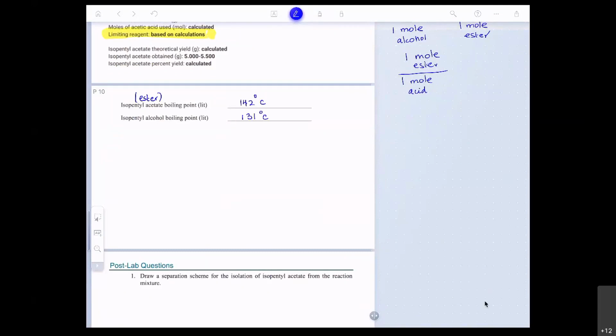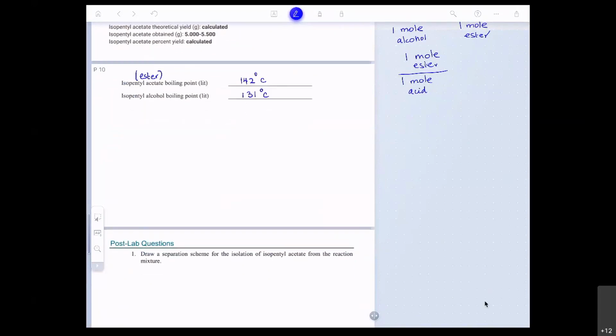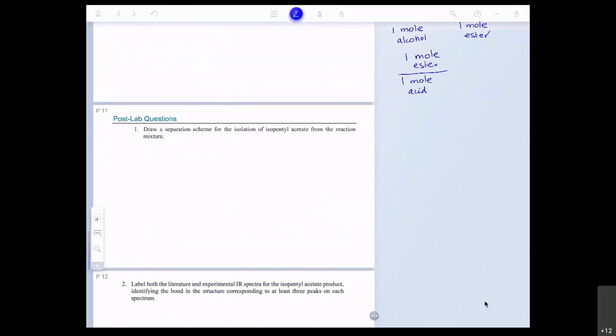The reason you're asked that is because in the separation there's a fractional distillation, and that is going to lead us to the next question. That's why we want the boiling points, and I will connect them. I just don't want this sticking there, making no sense. I'll connect the next question to this, and it'll have better significance.